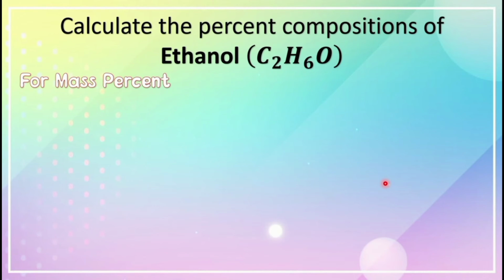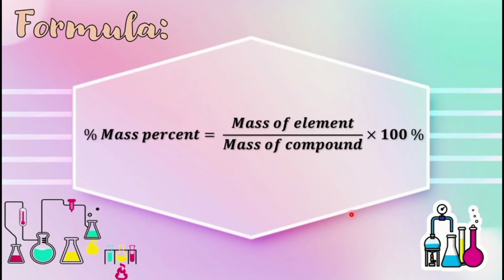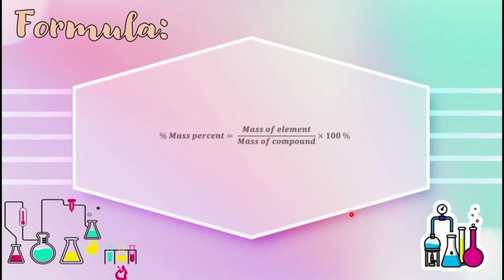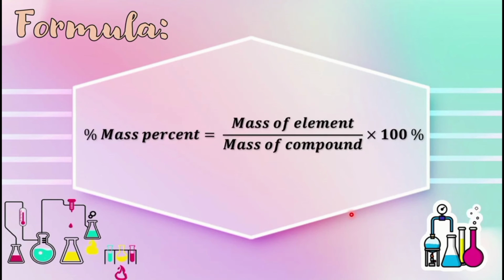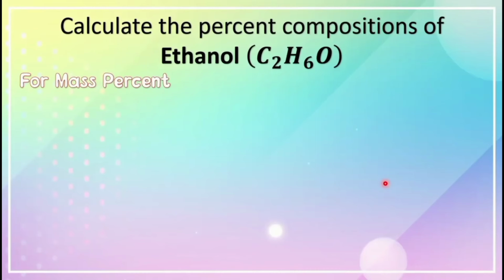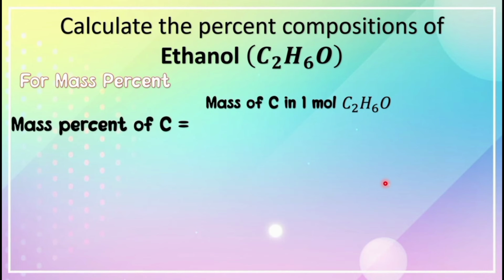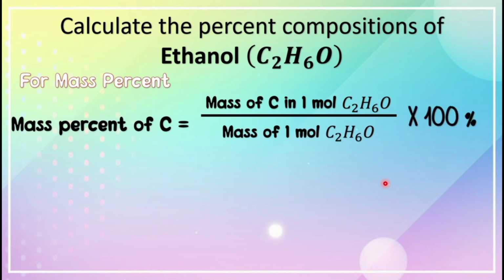Using the formula of the percentage composition, percent of an element is equal to the mass of an element in a compound divided by the mass of the compound times 100. Let's start with carbon. Percent mass of carbon is equal to the mass of the carbon in ethanol divided by the mass of 1 mole of ethanol times 100.